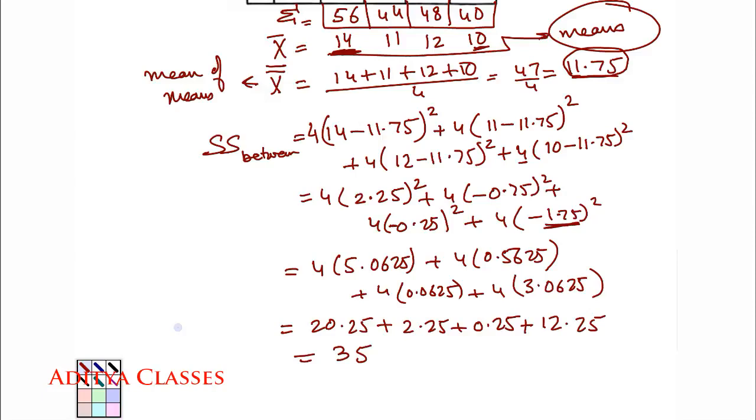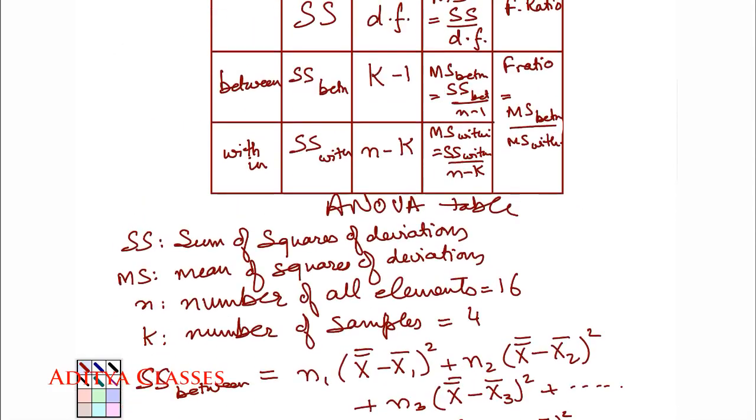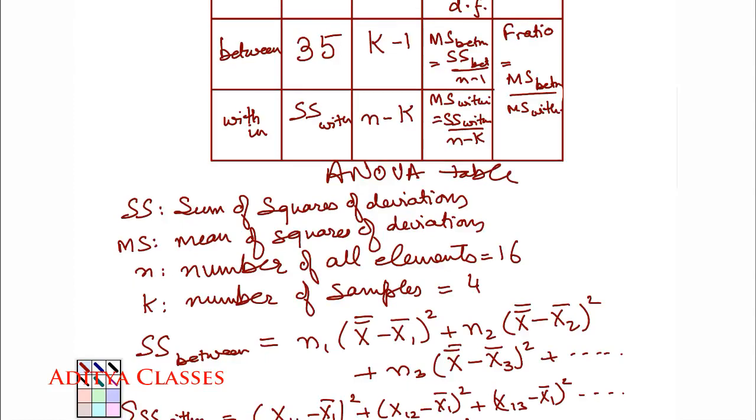So what is my SS between? It is 35. Now can I go up there and write it as SS between? I can remove this and write down 35 over here.